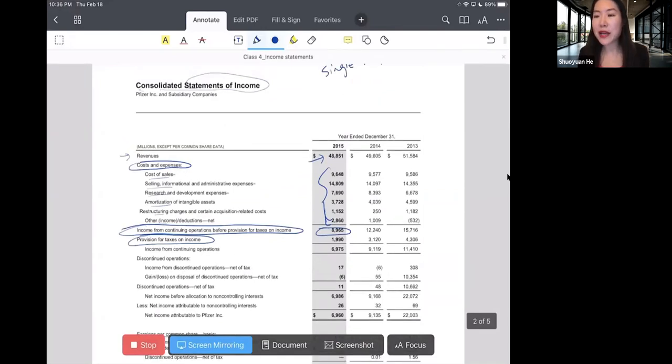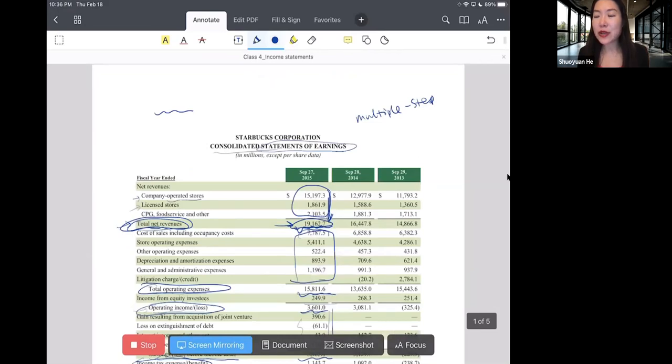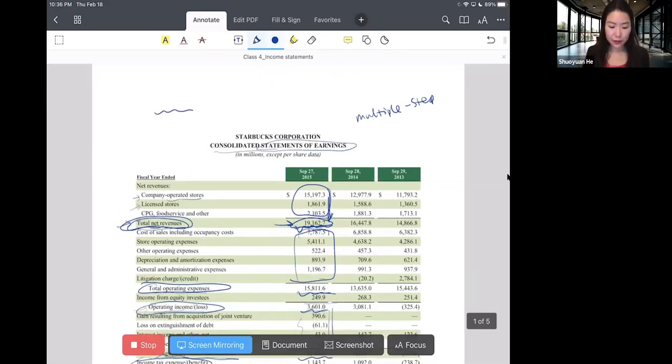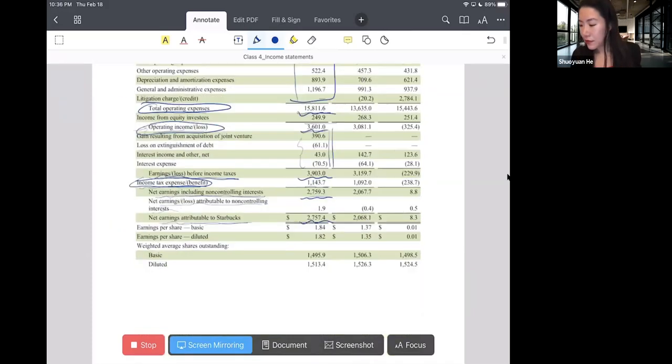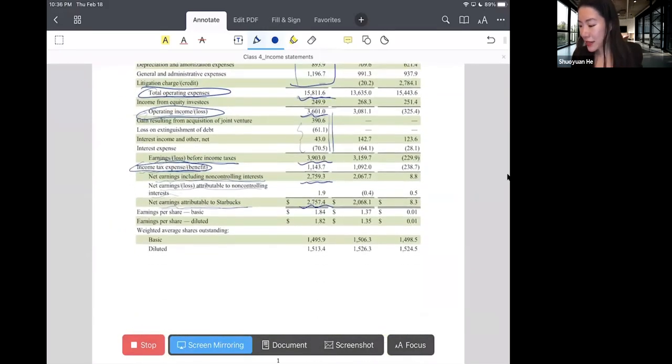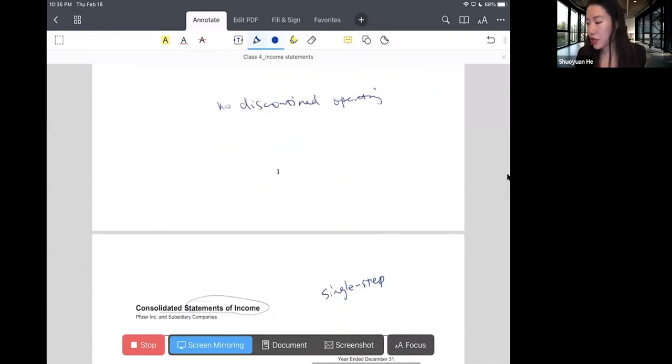And can you tell me which firms have discontinued operation? Does Starbucks have discontinued operation? No, Starbucks doesn't. Starbucks doesn't have discontinued operation.